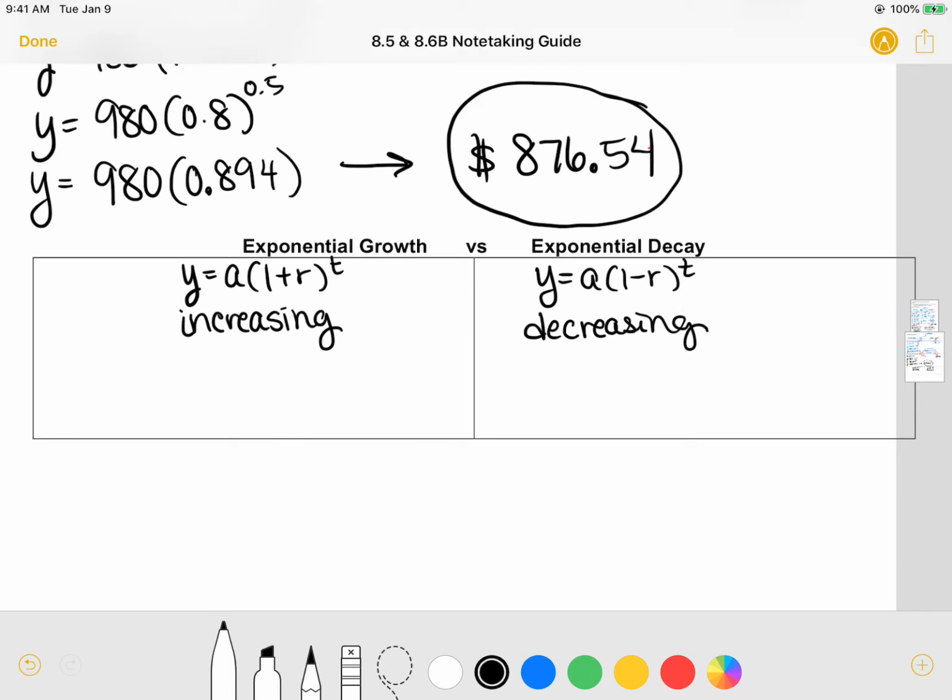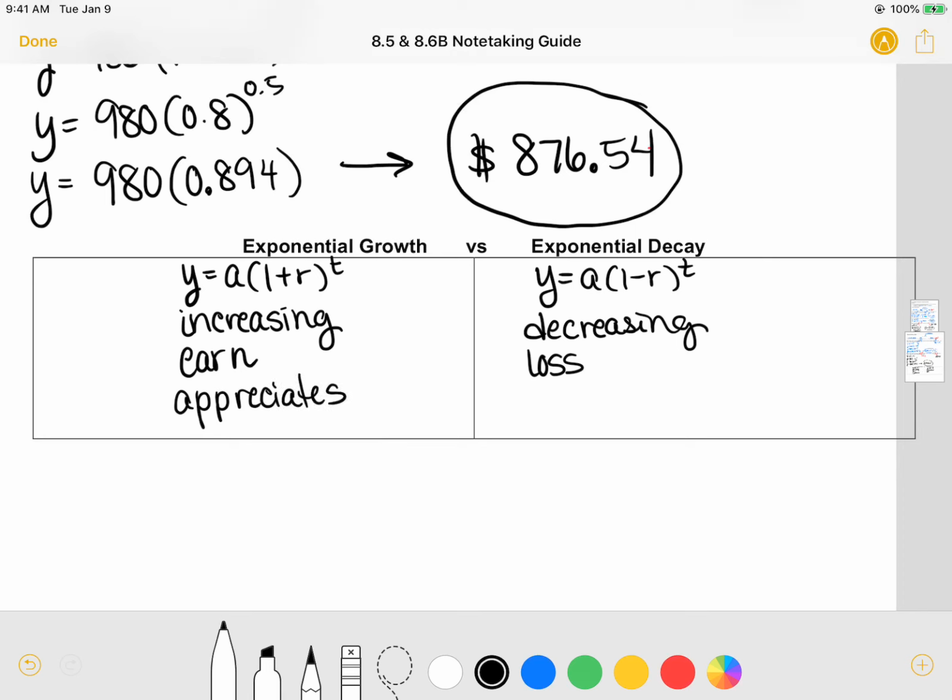Okay? If we're talking about money, we are talking about terms like we are actually earning. We're going to earn money versus decaying, that means we will lose money. And if we're talking about, say, the value of something, like a house or the value of a car, if something is going up in value, like a home is going up in value, we say it appreciates.